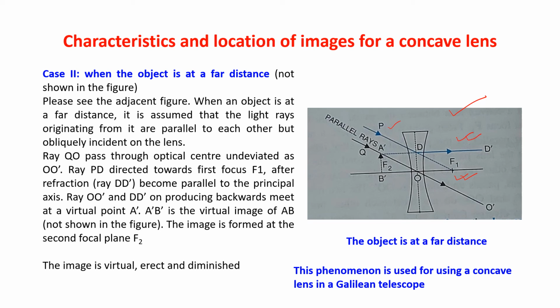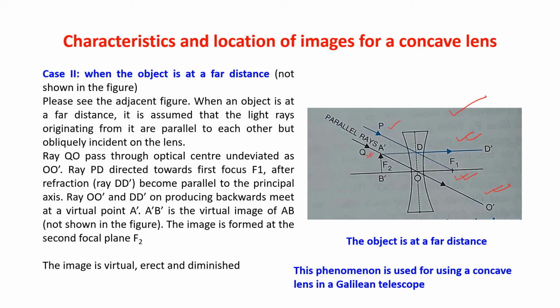Another ray we will consider passes through the optical center, and it will pass undeviated along the ray OO dash. Now extend the ray DD dash in the backward direction, which meets the ray OO dash at point A dash. Now A dash B dash is the virtual image formed.